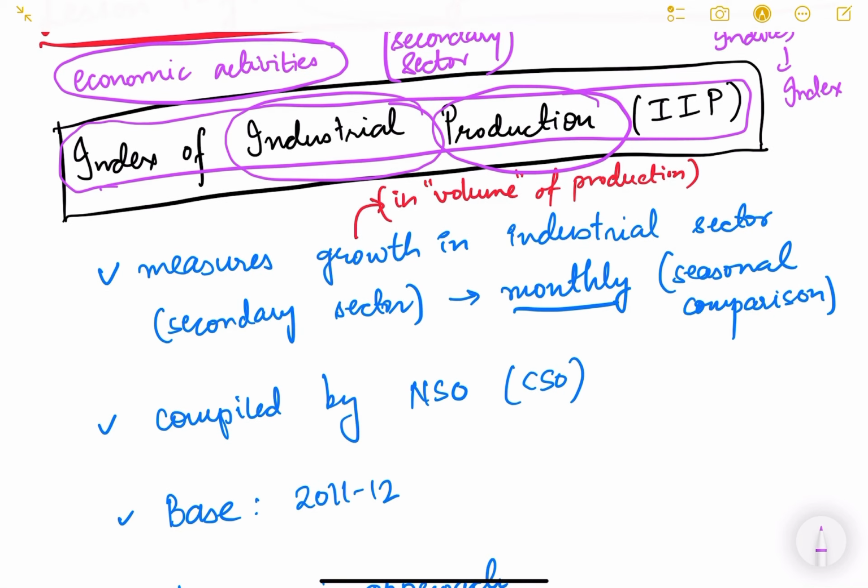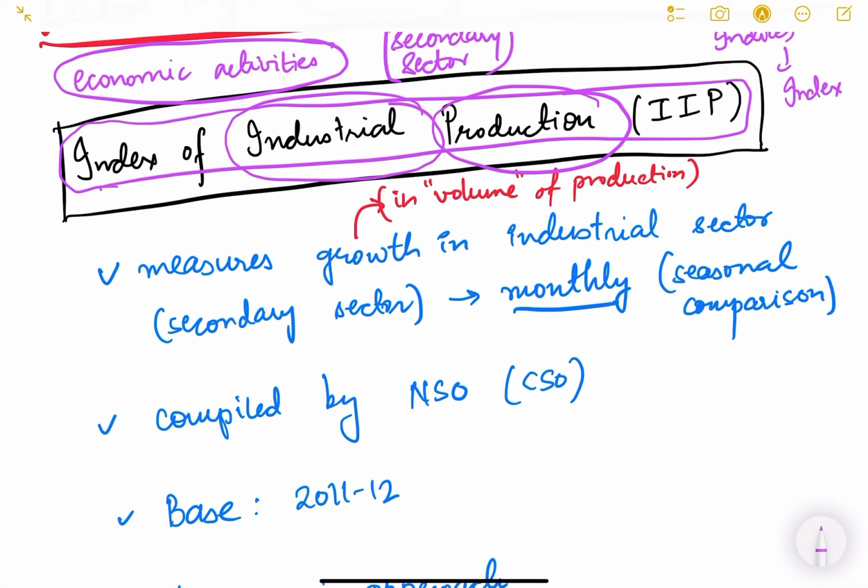Manufacturing is given approximately 77% weight, mining is given 14% weight, and electricity is given 8% weight. Mining is also considered a primary activity, but mining involves a lot of processing right after mining, so that's why mining is also considered in industries. So manufacturing 77%, mining 14%, and electricity 8%. Just try to remember this.